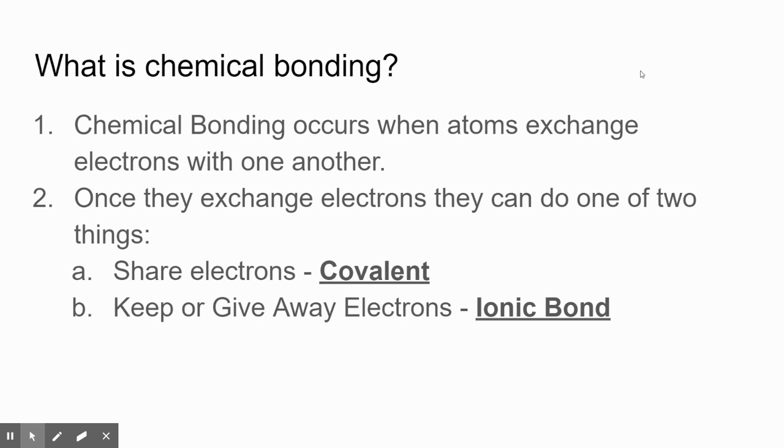Now, there are two general types of bonding. However, there's lots more nuances to them. But the overall two general types of bonding are covalent and ionic. Easy to remember: covalent, you cooperate, and you share electrons.